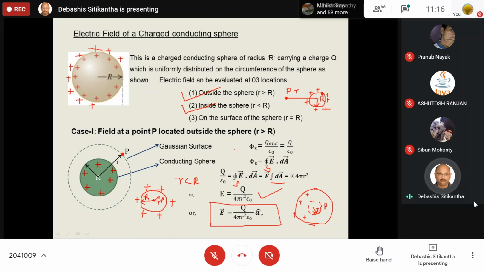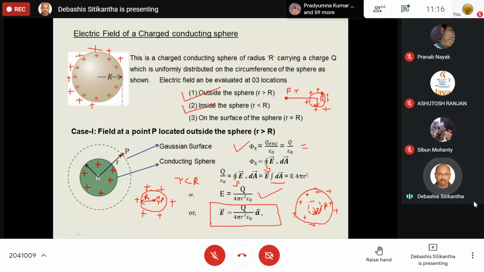Now, when we apply Gauss law, what is it telling us? It is saying that phi E is equal to Q by epsilon 0. Obviously, as I told you, this is a hollow sphere, so naturally the total charge enclosed by this Gaussian surface is going to be 0. Why? Because all the charges have equally distributed themselves on the outer periphery of the conducting sphere.